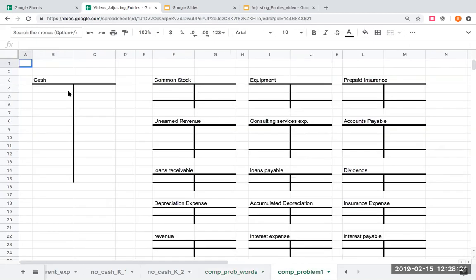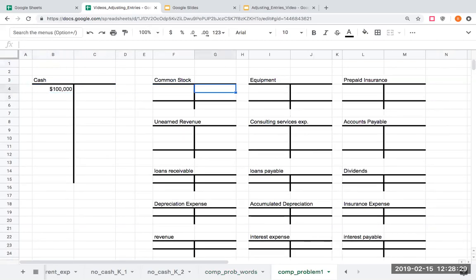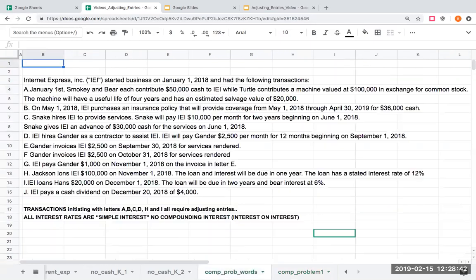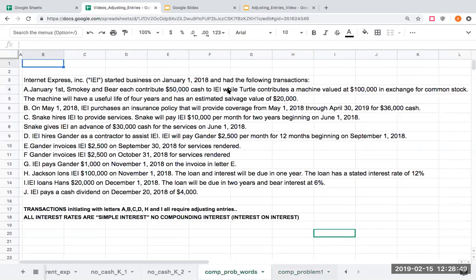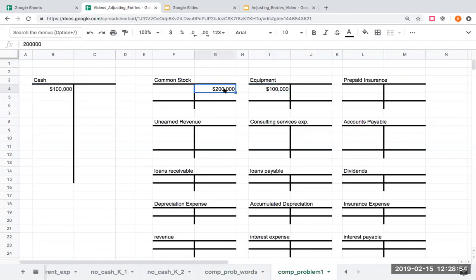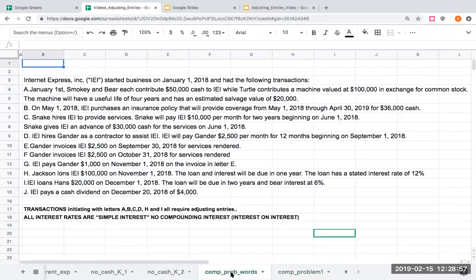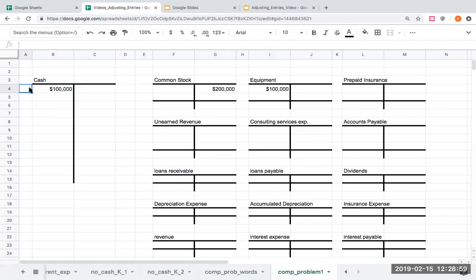So there's cash of $100,000, because Smokey and Bear each contribute 50, while Turtle contributes equipment. Debit to equipment here, credit to common stock. And this is transaction A.